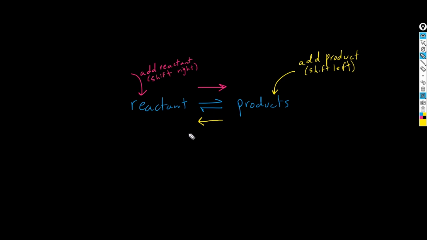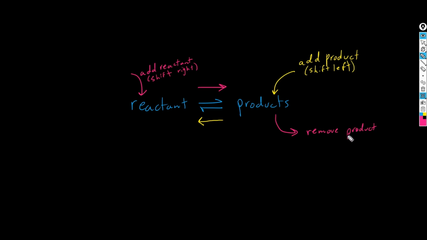And now this actually goes both ways. What happens if instead of adding product, we remove product? If we lower the concentration of a product, then think about it: how does Le Chatelier's principle say this equilibrium is going to react?